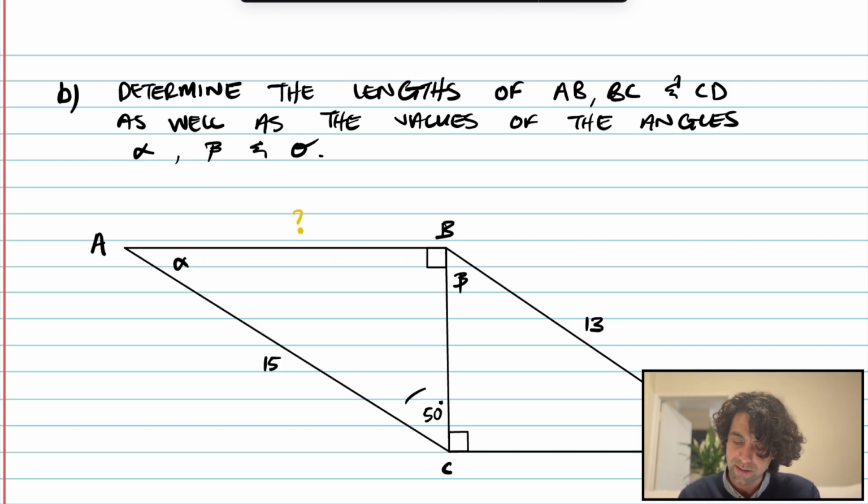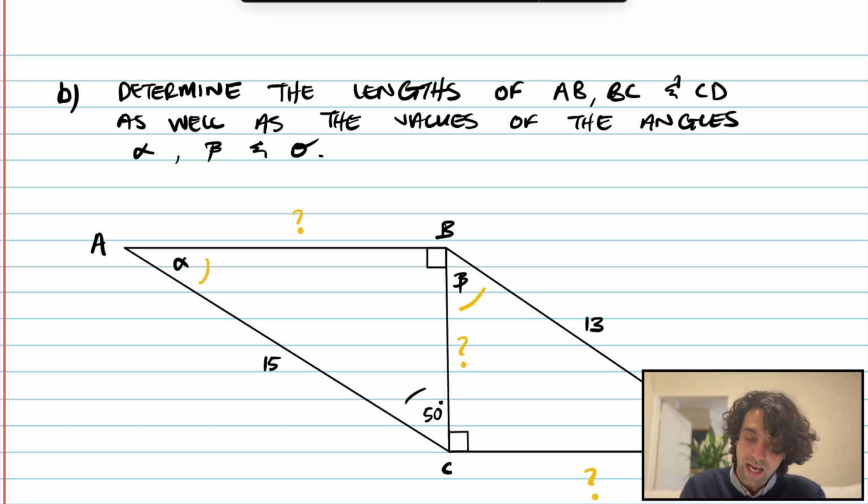We're looking for this BC, which is what we call the common side between the two triangles. We want to find CD. So we want to find those three sides, and also the angles theta, beta, and alpha, of course.